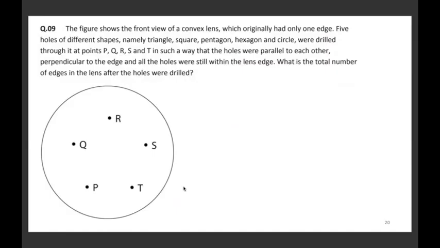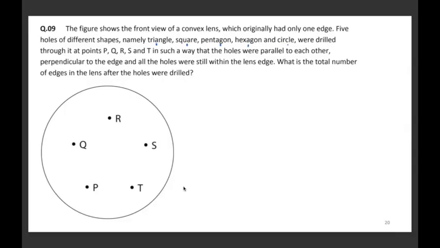The figure here shows the front view of a convex lens, which originally had only one edge. 5 holes of different shapes, namely triangle, square, pentagon, hexagon, and circle, were drilled at points P, Q, R, S, and T in such a way that the holes were parallel to each other and perpendicular to the edge. All the holes were still within the lens edge.